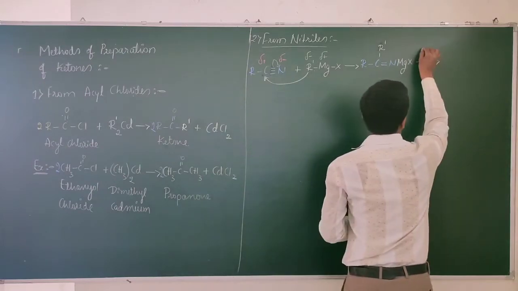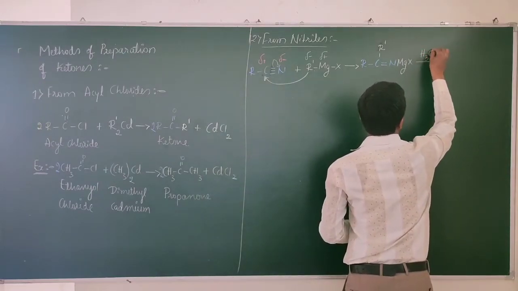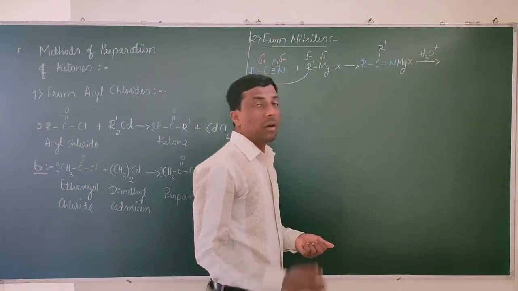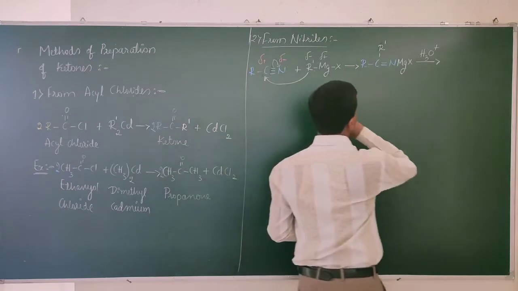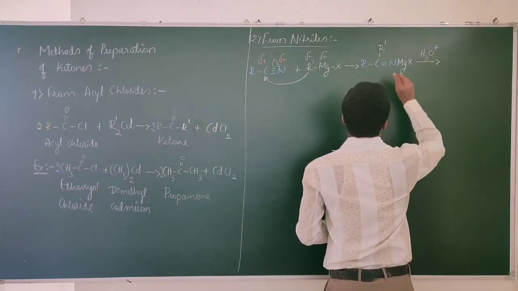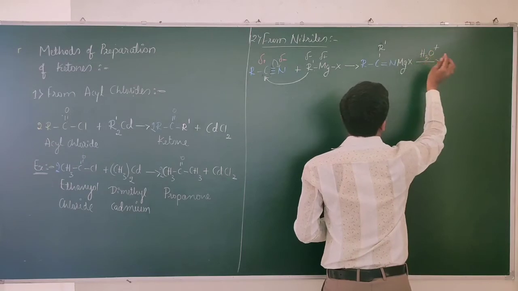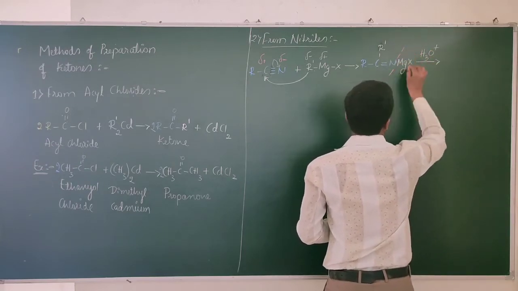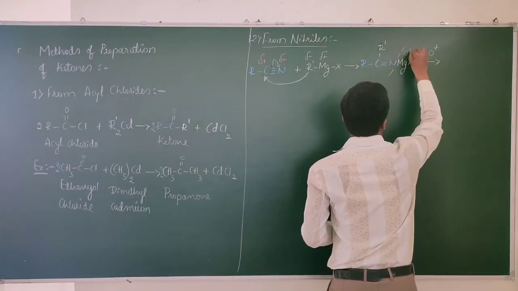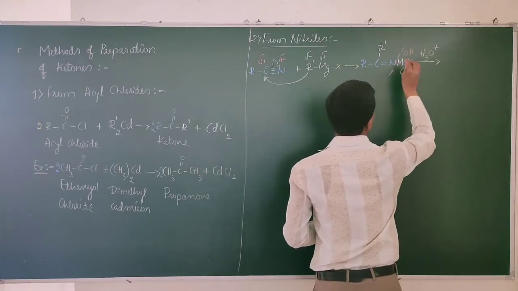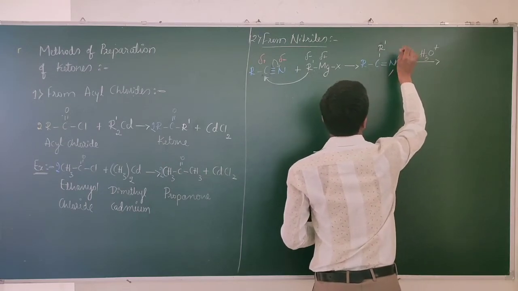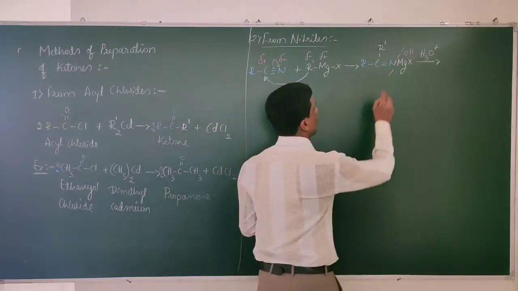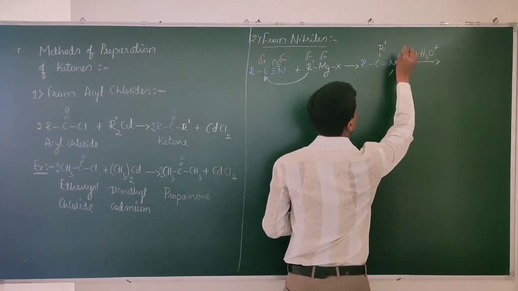This undergoes acidic hydrolysis. Here breaking of the compound takes place. Look here. One part, OH will be added, and another part, look here. The bond is going to break in two ways.